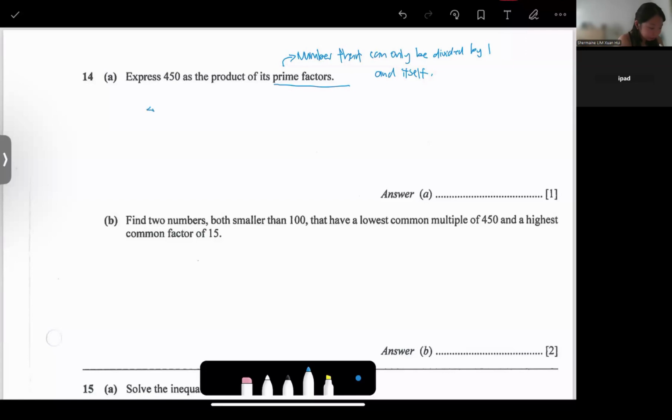Okay, so 150 equals, easiest would be times 10, okay? 15, if you break it down, on the top of my head, the factors would be 5 times 3. Then for 10, we have 2 and 5.